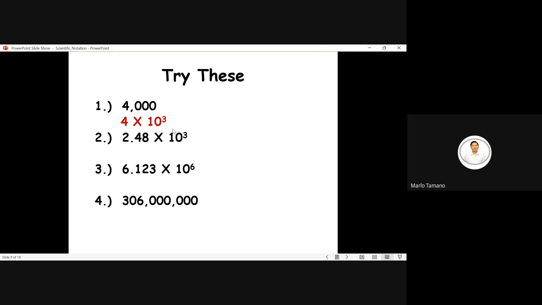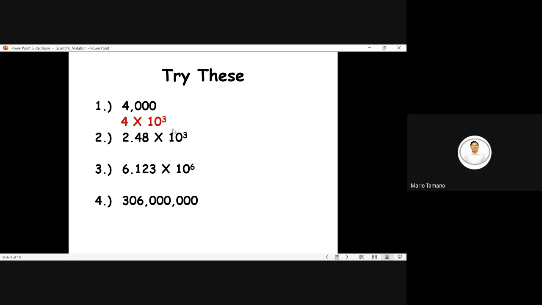Next. Nasa written in a scientific notation. Number 2, 2.48 times 10 cubed. You will get the standard form. Okay, so since positive po yan, yung exponent natin, cube, at saka positive, we simply move the decimal point going to the right.